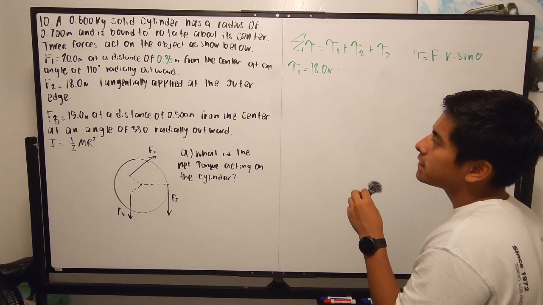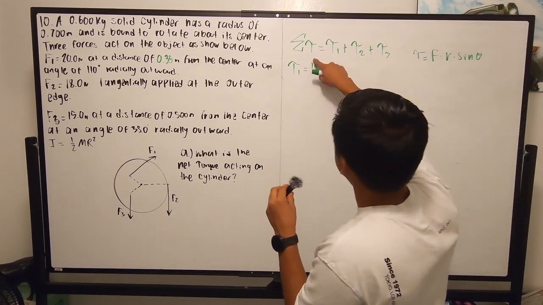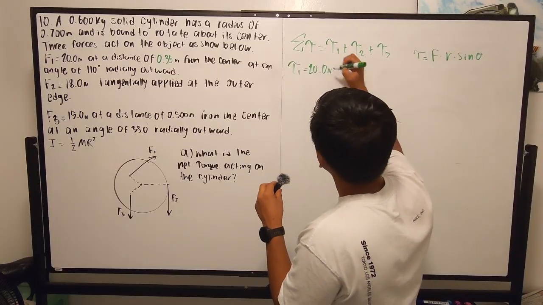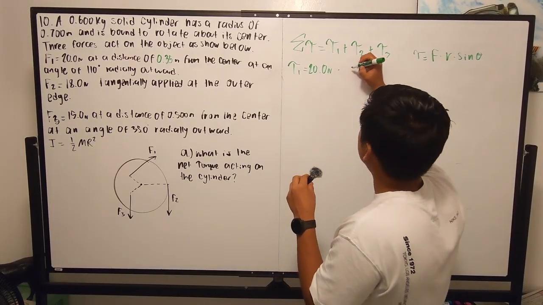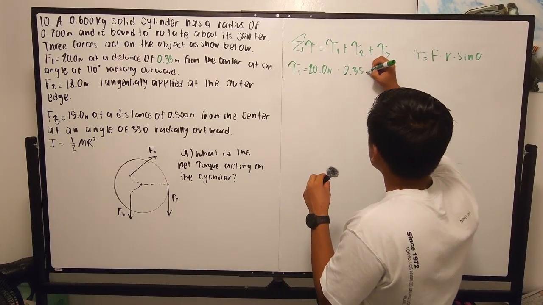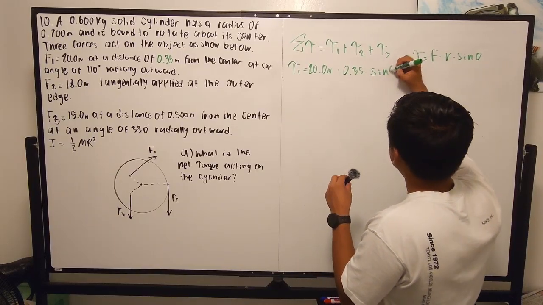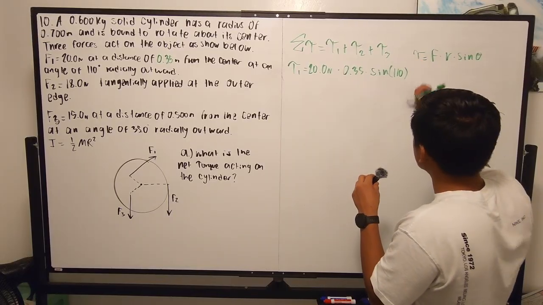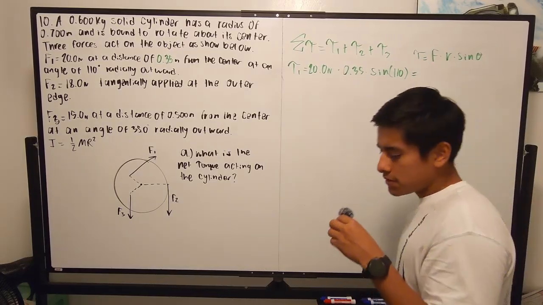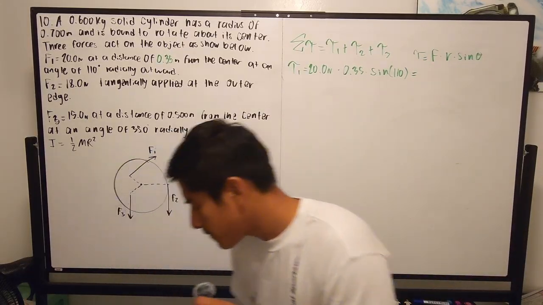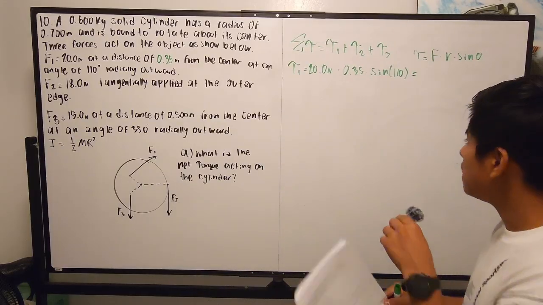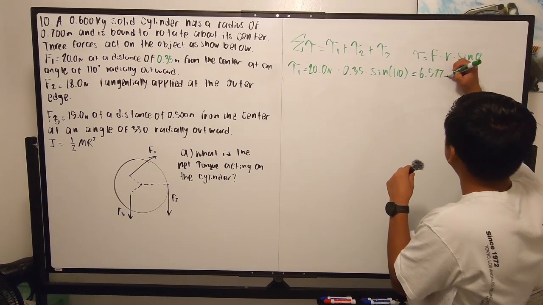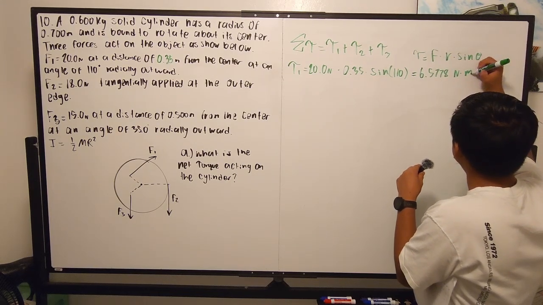So in this case, it's not 18 newtons, but 20 newtons for torque 1, multiplied by this 0.35, multiplied by the sine of the angle that it makes, which is 110. This is going to be equal to 6.5778 Newton meters.